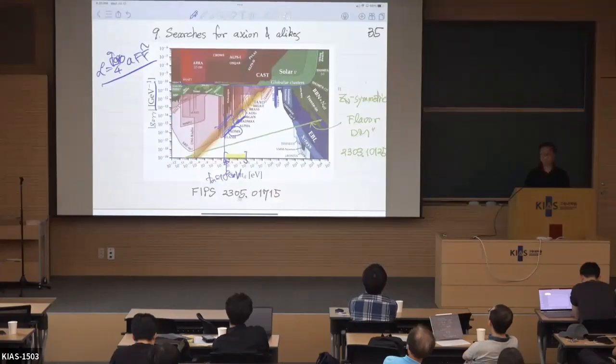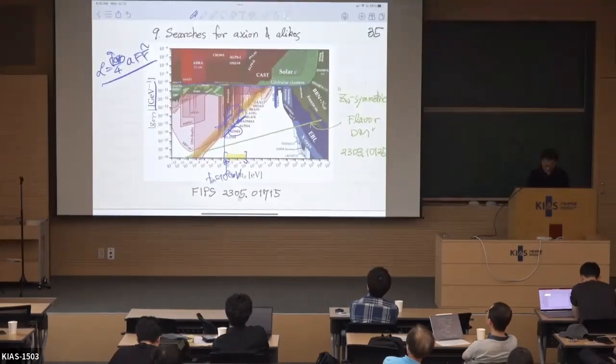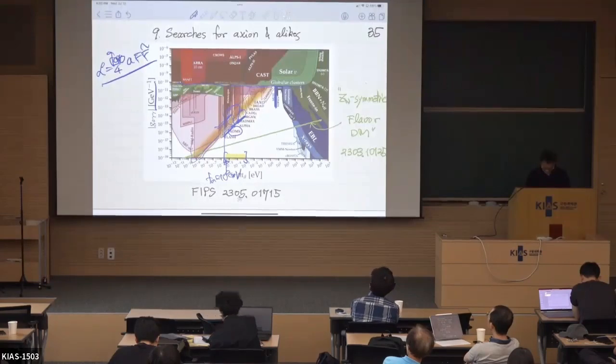And then in Korea, as you know, we have CAPP. Unfortunately, I didn't superimpose the CAPP sensitivity, but it's somewhere around here, I guess. Also ultralight axion-like particles are probed in particular by the Dangmero radio experiment. It's impressive to see how sensitive it can be.